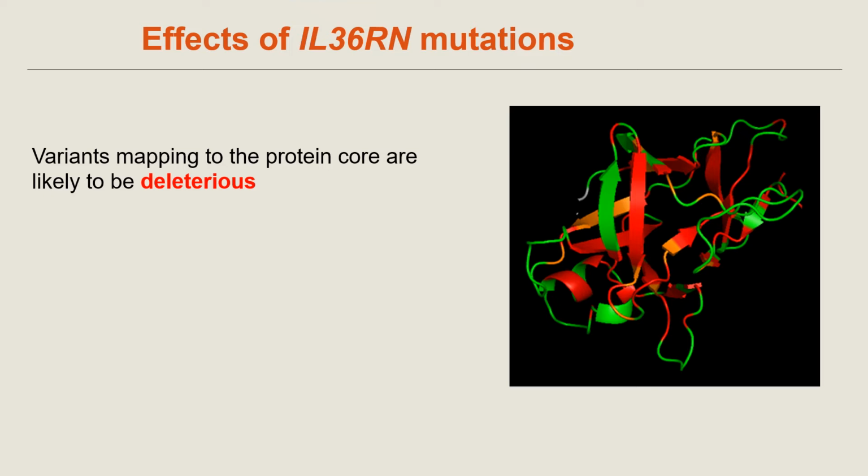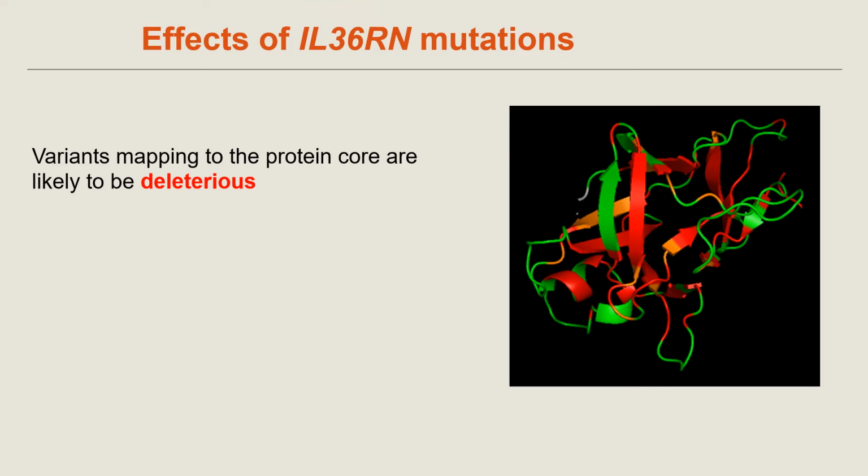First of all, the mutations which map to the core of the protein, which are buried inside, tend to affect the stability of the IL36RA protein and therefore to be deleterious. And that, for instance, is the case for the serine-to-leucine substitution that is common among the European population, or the proline-to-leucine substitution that is common in North Africa.